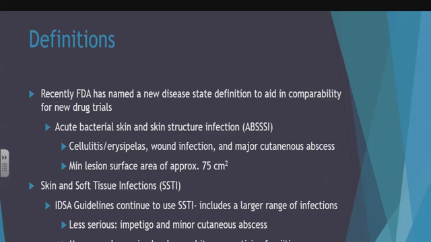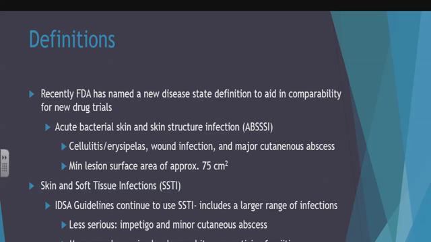Okay, so a little bit of definitions here. This is probably mostly just relevant to those of you who are really interested in literature reviews and potentially looking at industry. But there's a new definition for skin infection: acute bacterial skin and skin structure infection.